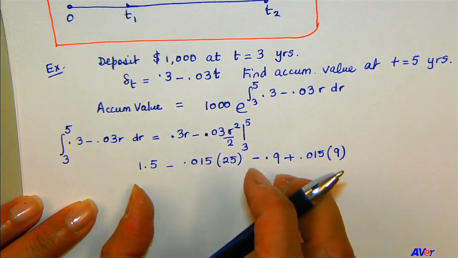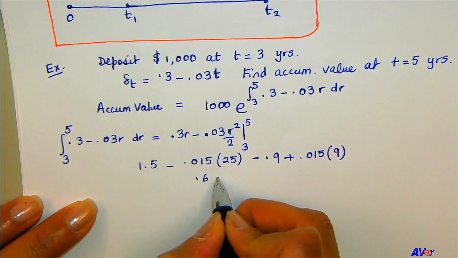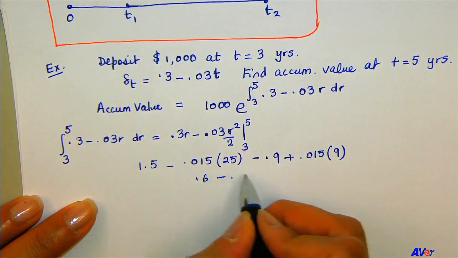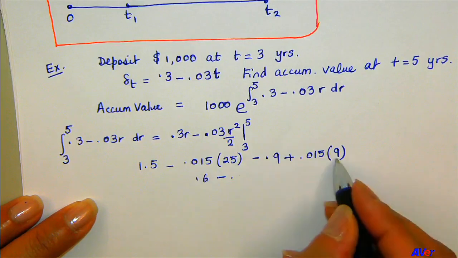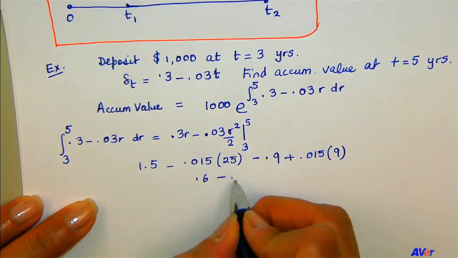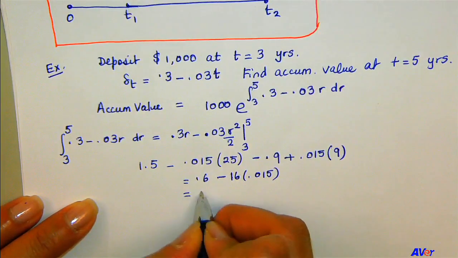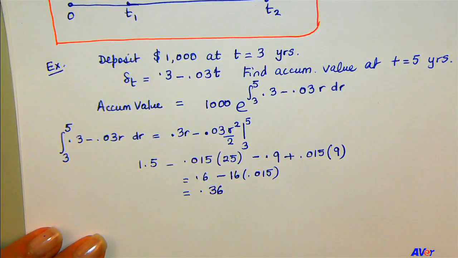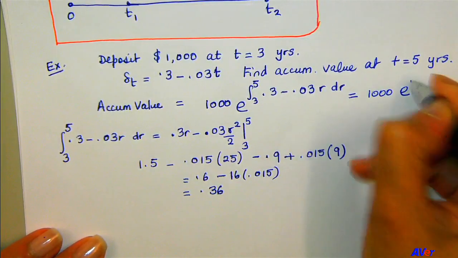So 1.5 minus 0.9 is 0.6, minus, 25 minus 9 is 16 times 0.015. So when I clean up this mess, I get 0.36. So go back and put that in up here, equals 1,000 e to the 0.36.